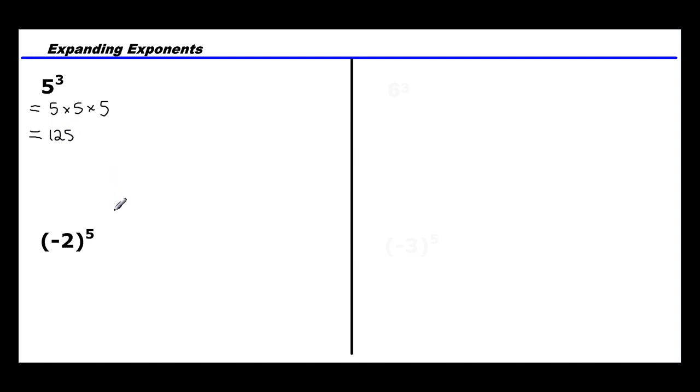So let's try the second example. Here we have -2 all to the exponent 5. If we have to expand this out, in brackets we would write -2 times -2 times -2 times -2 times -2.